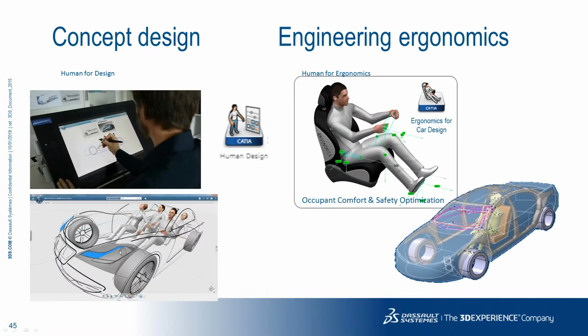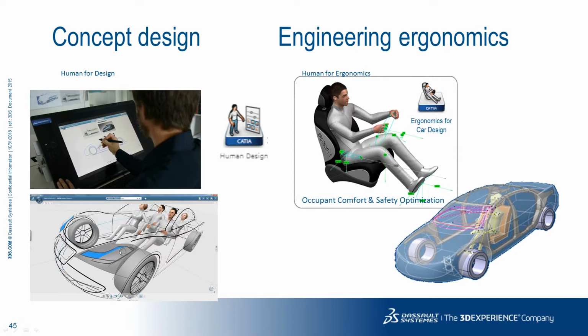Okay, so advanced design and packaging rely on human factors. For this, there is the Human for Ergonomics application. That is a different application with different roles for a different purpose than Human Design on the left, which we'll talk about for a couple of minutes. There are three major areas where your design can be enriched with a human context.